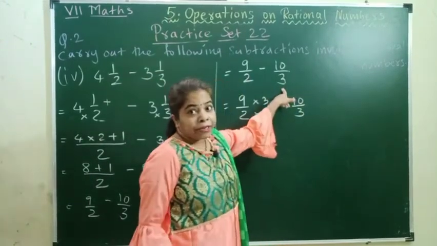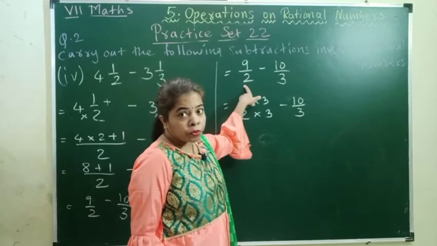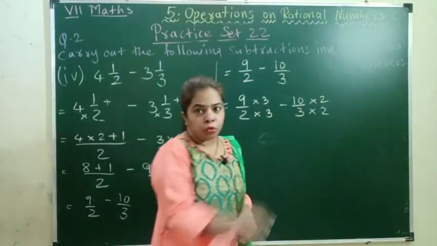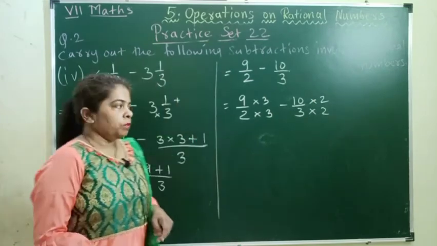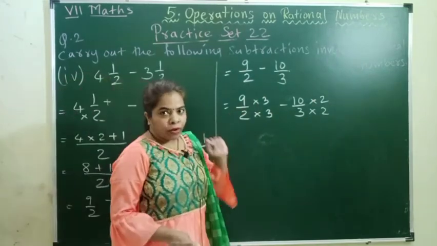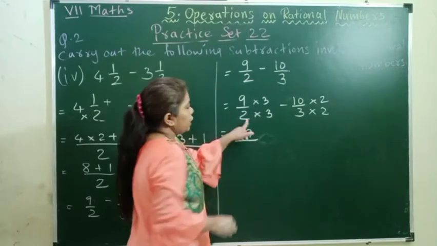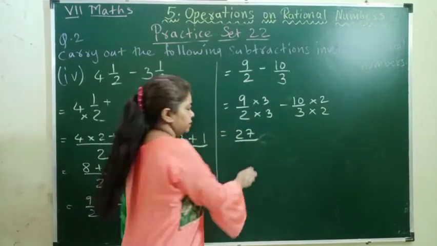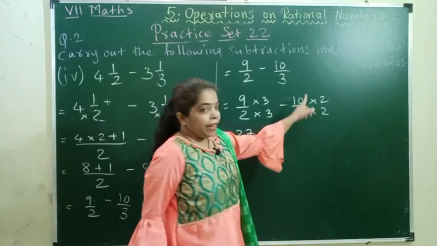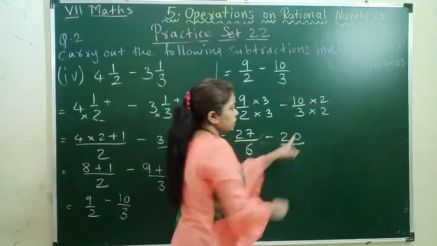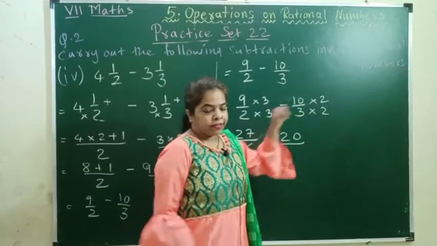This 3 I am multiplying with 2, up also 2. Now 9 threes are 27, 2 threes are 6, 10 twos are 20, 3 twos are 6.